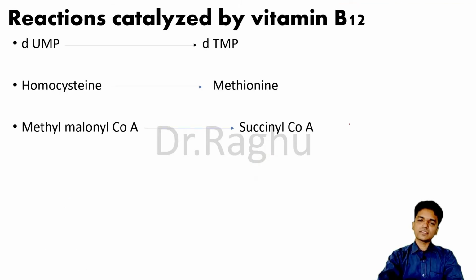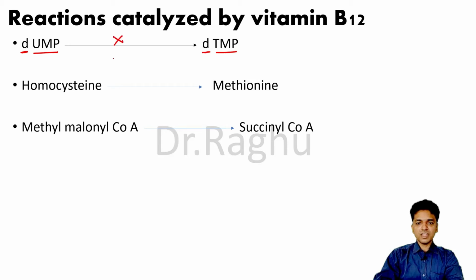So now let's understand the reactions which are catalyzed by vitamin B12. There are three important reactions. Remember, I'm not going into the in-depth details of this; you would have already studied it in your biochemistry classes. The first is conversion of deoxyuridine monophosphate into deoxythymidine monophosphate.